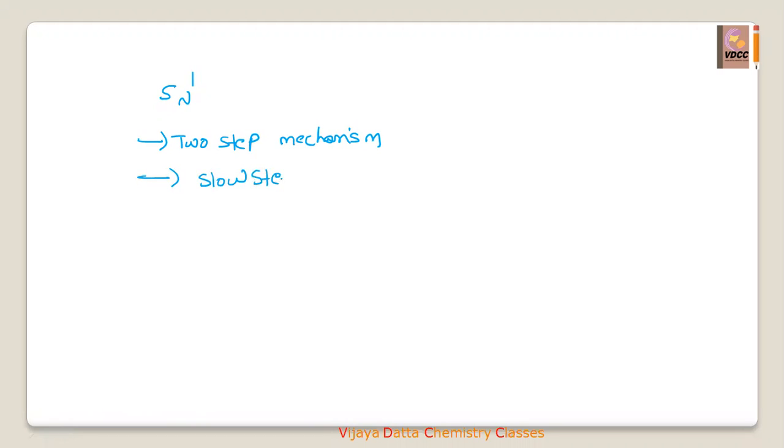Only the rate determining step we have to consider; the fast step we won't consider. So if you write the rate law, R equals K into [(CH3)3C-Cl] only, because only one molecule participates in the first reaction.